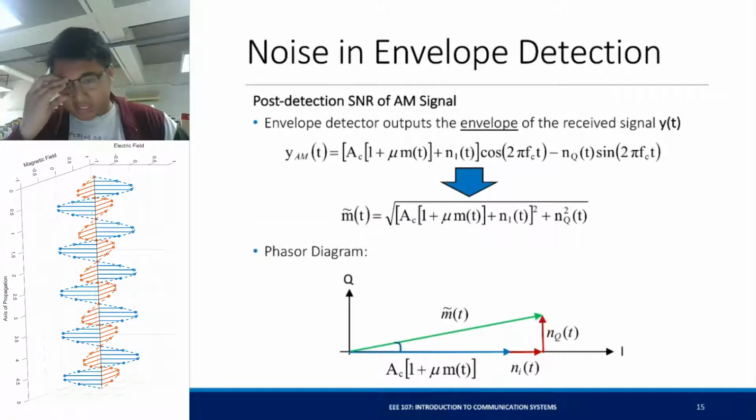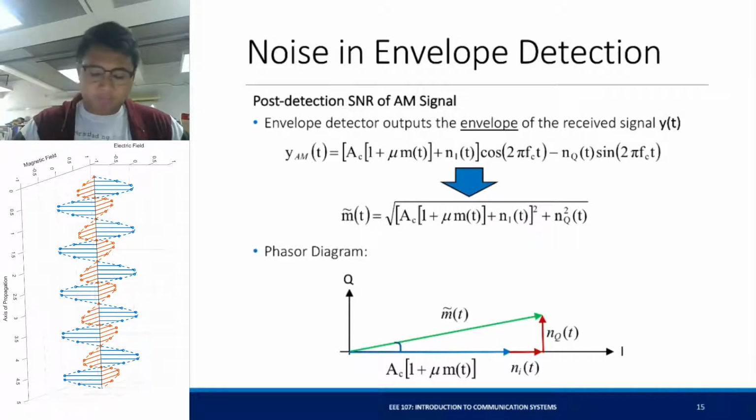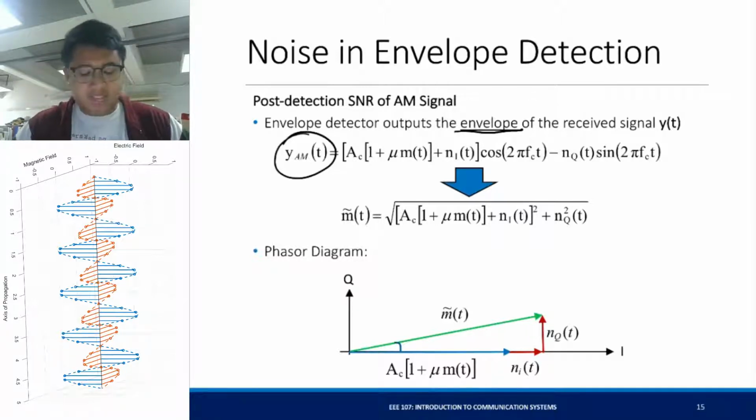So the post-detection SNR, this gets a little tricky because the envelope detector outputs the envelope of your received signal. So what you get at the output is actually equal to the magnitude of this AM of t, the complex envelope.